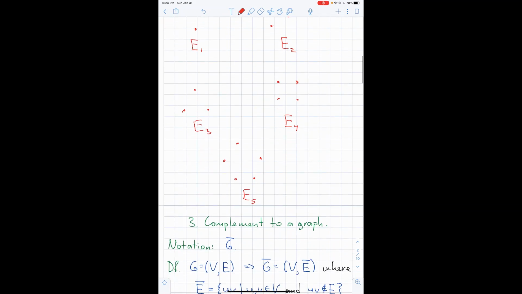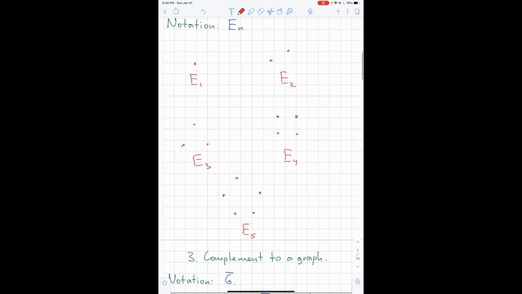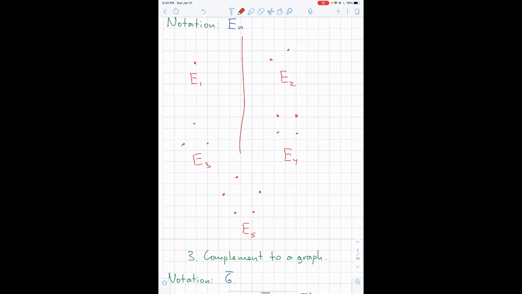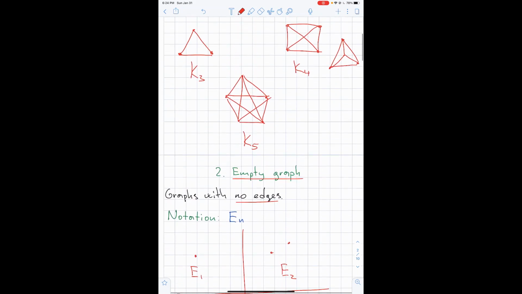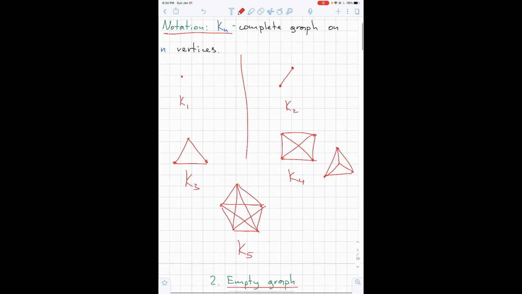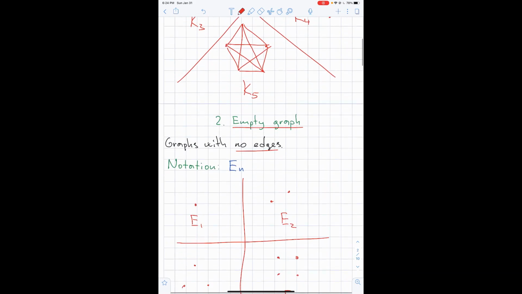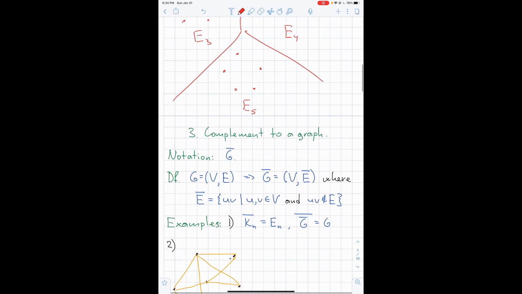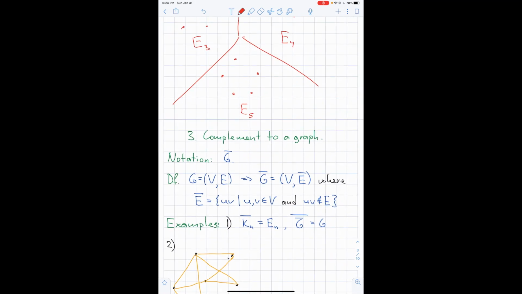So another type of graphs, or rather an operation on graphs, is the complement. If you have a graph, then one can take its complement.